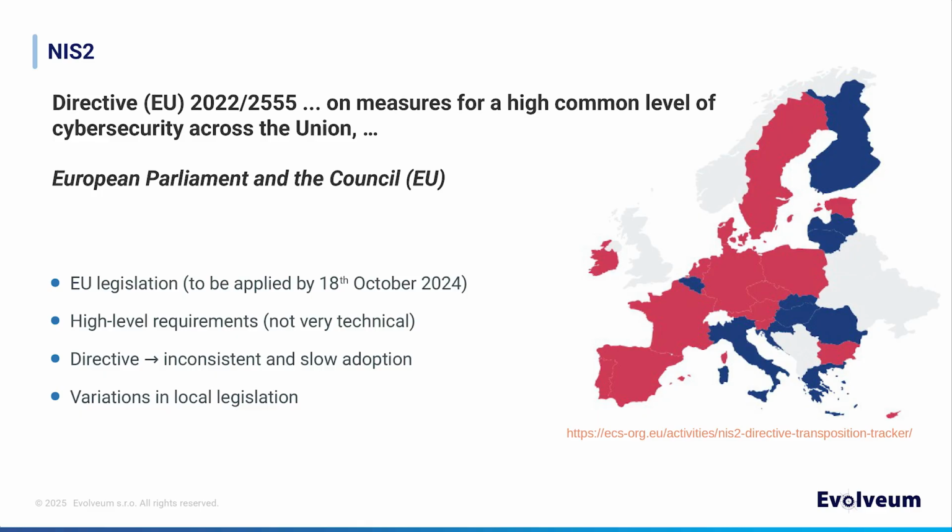Therefore, you can pretty much see that the uptake of NIS2 legislation is not as good as we would probably like. The legislation should already have been effective by October 2024, and as you can see, it is not even enacted in quite a lot of member states. Therefore, for the real effects of NIS2, we will probably need to wait a little bit longer.